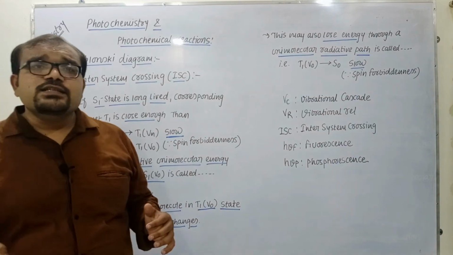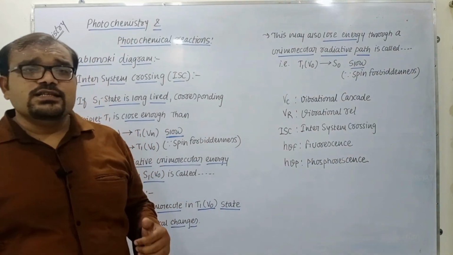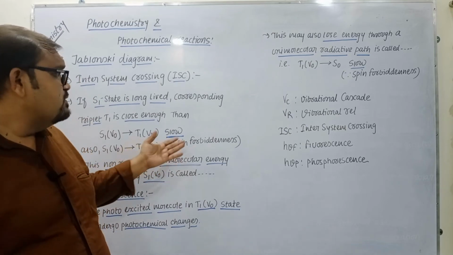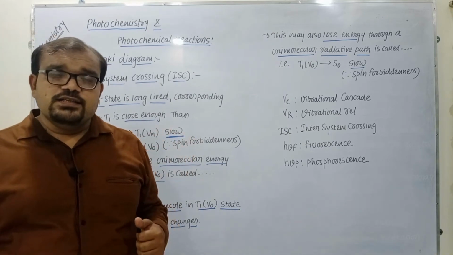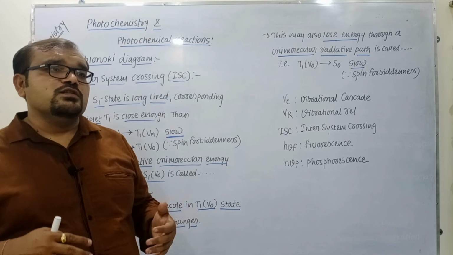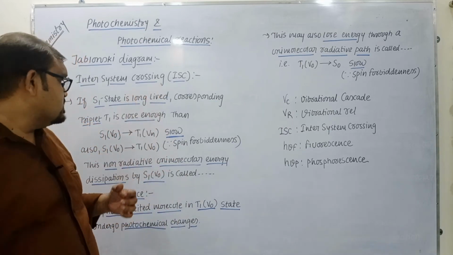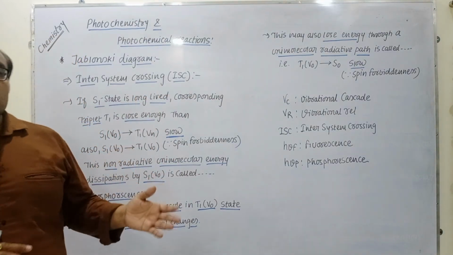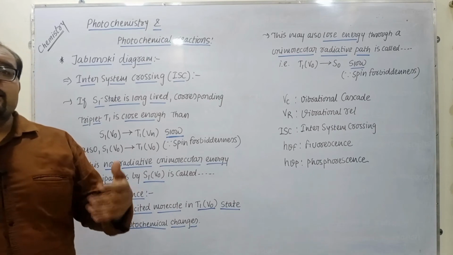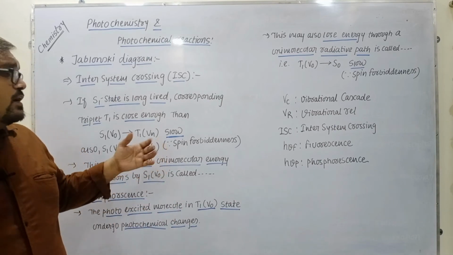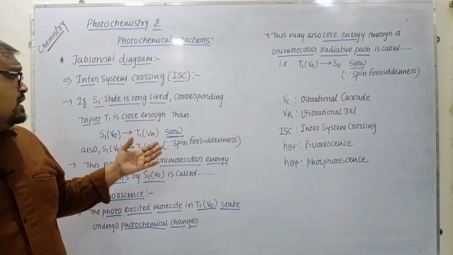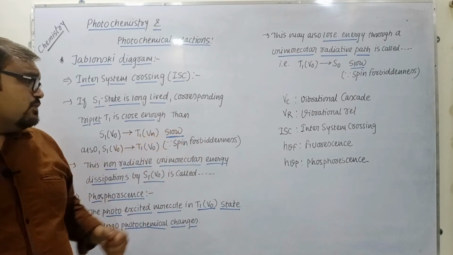Again, this transition is a slow transition because it is a spin forbidden transition, right? It is not spin allowed, as we have discussed earlier that singlet to triplet and triplet to singlet transitions are forbidden. So again this is a slow process and it is due to the spin forbiddenness.